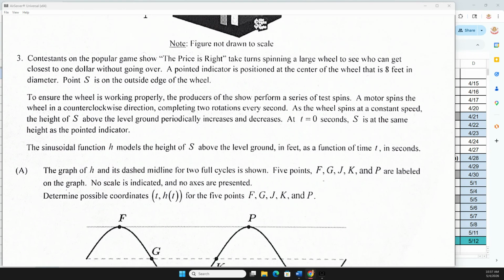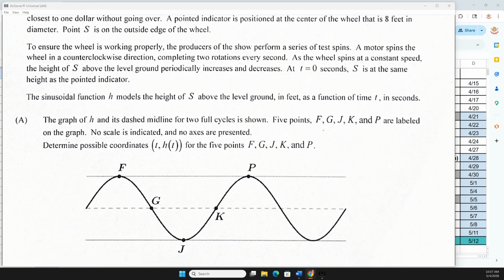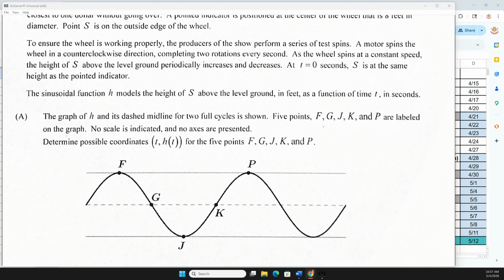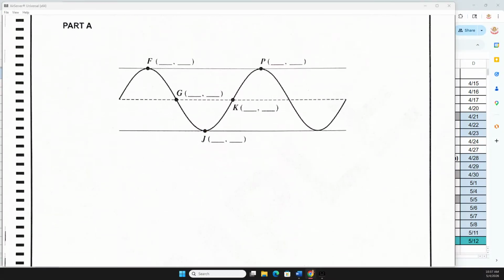At time t equals 0, S is at the same height as indicated in the pointer. I can't read today, I'm sorry. All right, so the sinusoidal function H models the height of S above the ground in feet. Okay, so here we go. Looking at where S is, do we know the midline? What is it? Yes.